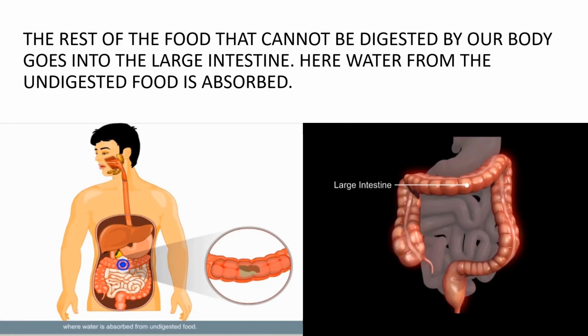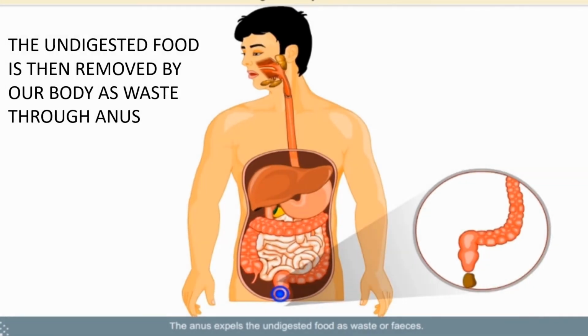The undigested food that cannot be digested by our body goes into the large intestine. Here, water from the undigested food is absorbed. The undigested food is then removed by our body as waste through the anus.